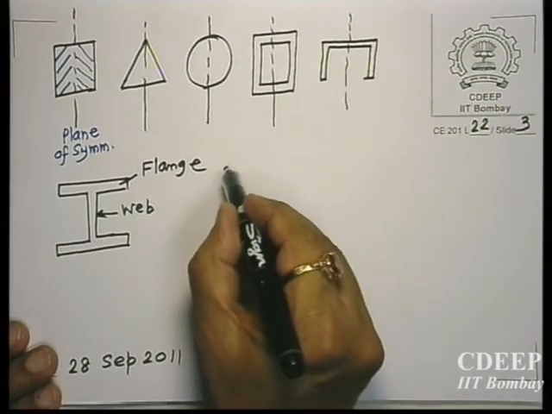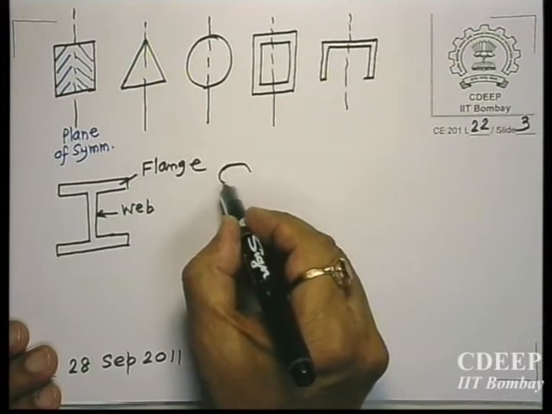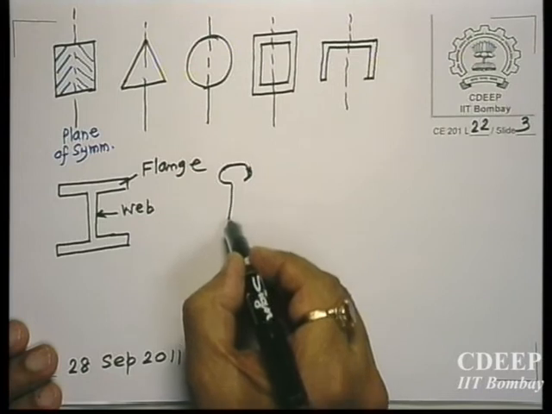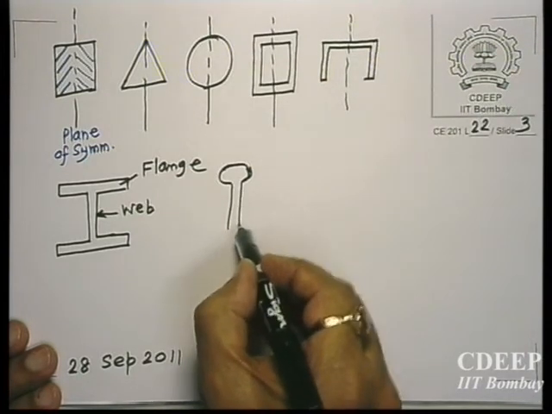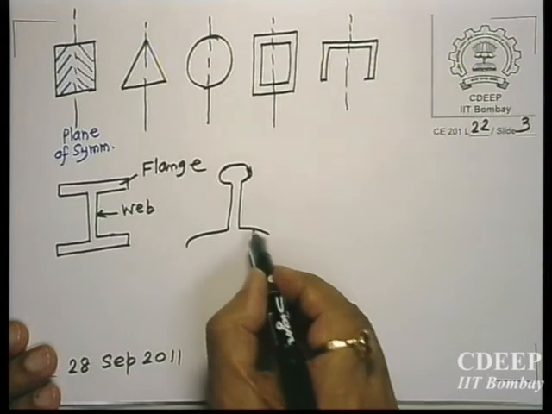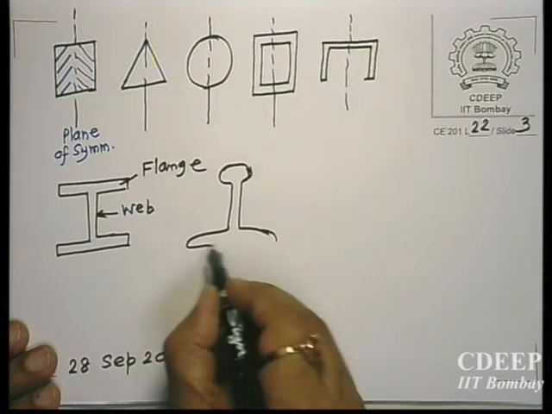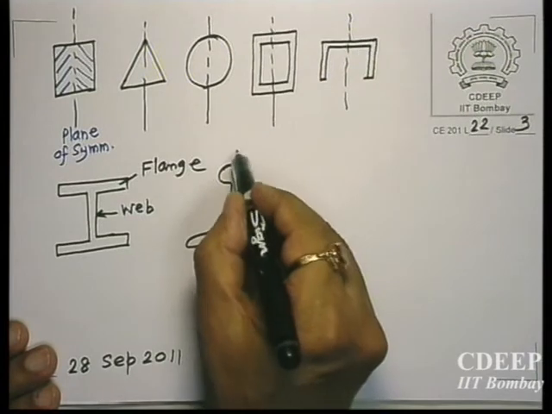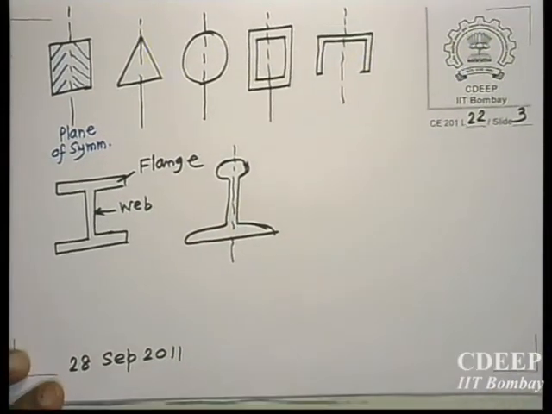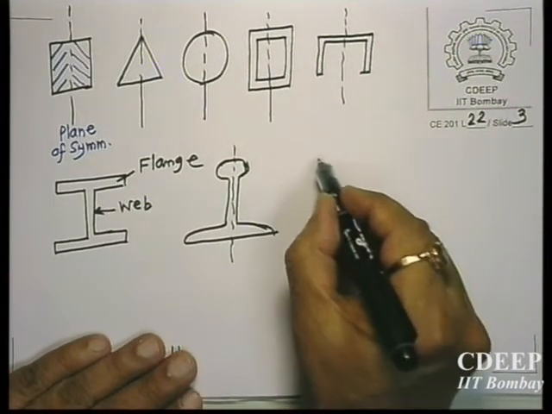Rail line normally has a section like this, our railway line. Yes, that is also symmetrical about this axis. So it is all possible, but not this.